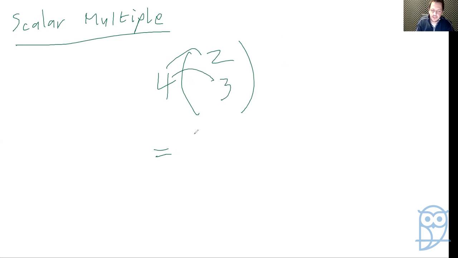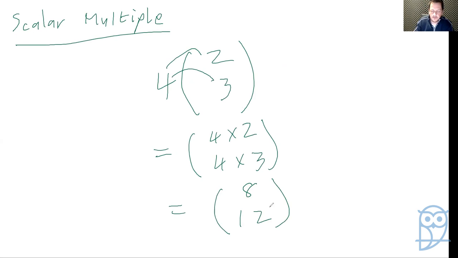It is 4 times 2 and 4 times 3, which comes out at 8 and 12. What does the scalar multiple do? It just makes my vector longer, but it keeps the same direction.